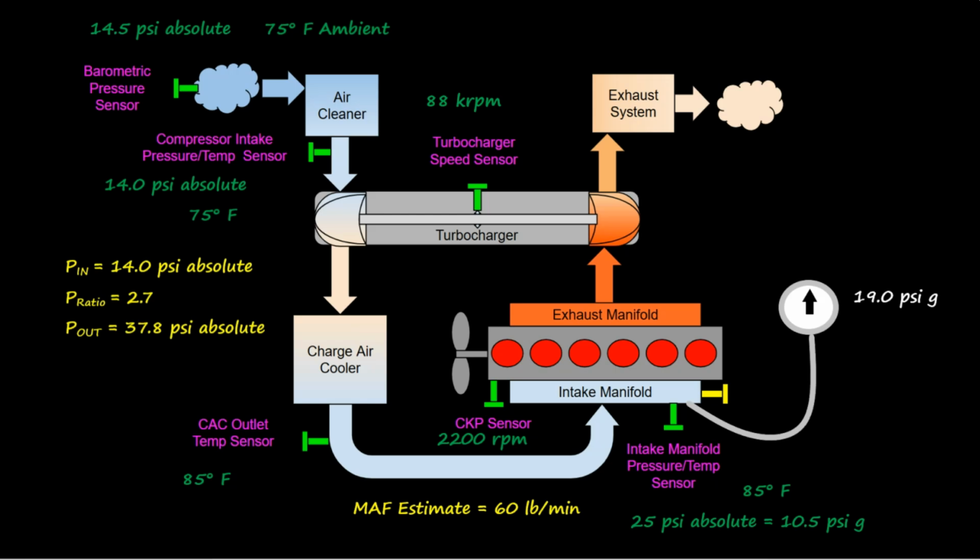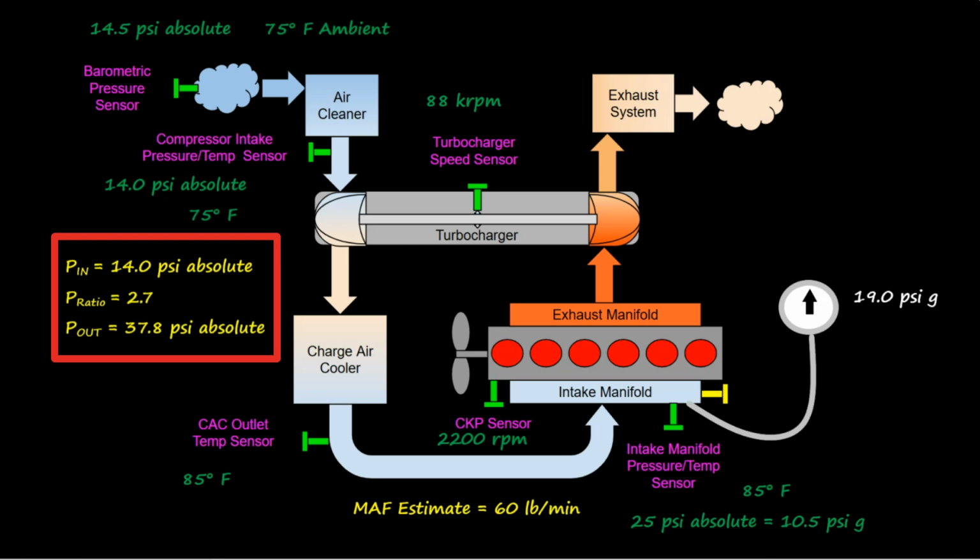So because of the incorrect mass airflow estimate of 60 pounds per minute, which is actually 75 pounds per minute, the calculated compressor outlet pressure is 14 psi absolute, which is the pressure at the inlet of the compressor, times the 2.7 compressor pressure ratio. That gives us 37.8 psi absolute.